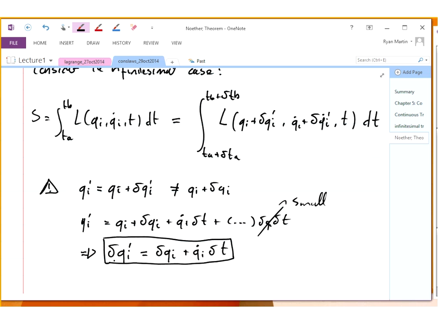So let's say you want to find a stationary value of a function. That means you want to find a minimum, a maximum, or an inflection point. So you only need to consider the first order derivative, right, to find if it's stationary. If you want to know if it's a minimum, a maximum, or inflection point, then you need to know the second order derivative, and then you would have to carry those terms. But Hamilton's principle, which apparently explains all of classical mechanics, only requires that the action be stationary, and it does not require us to know if it's a minimum or maximum. So that's fundamentally the reason why we don't care about the second order terms.